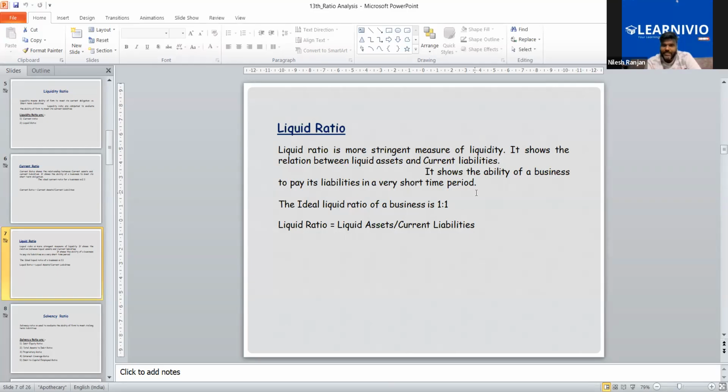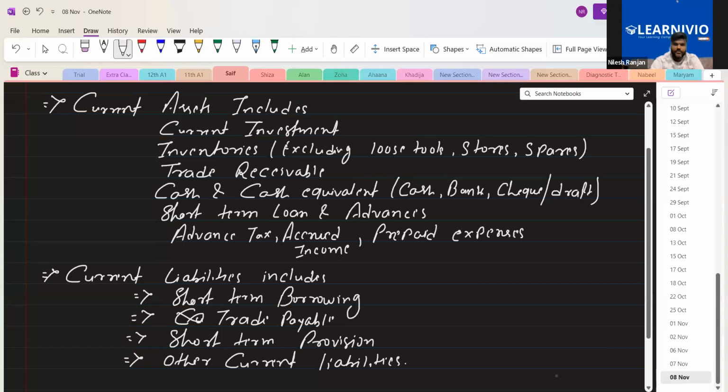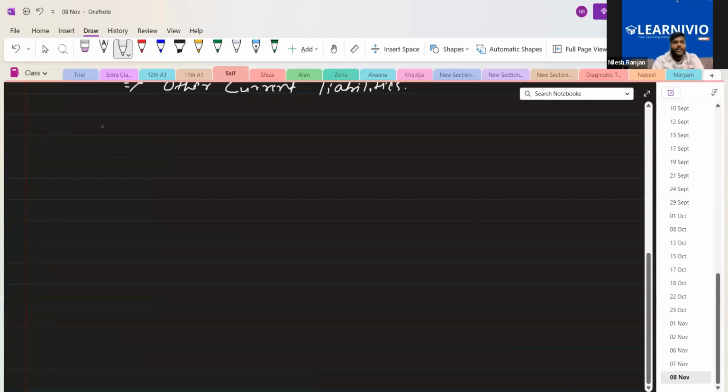You can see the formula: liquid ratio equals liquid assets divided by current liabilities. In current ratio, it was current assets divided by current liabilities, but here it is liquid assets divided by current liabilities. So liabilities remain the same, but the assets change. The ideal liquid ratio of a business is 1 is to 1. Now the formula for liquid assets, when someone asks you: liquid assets include all items in current assets except two.